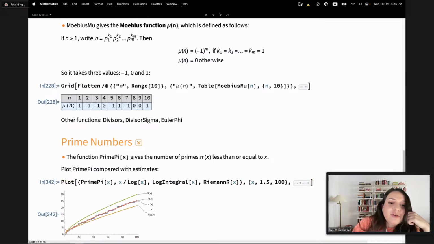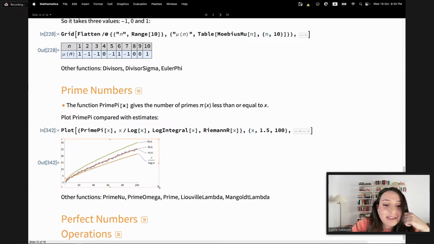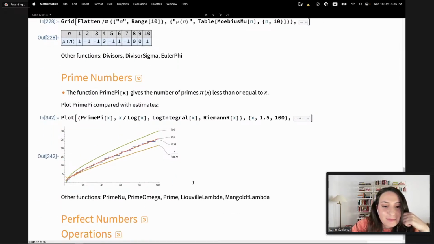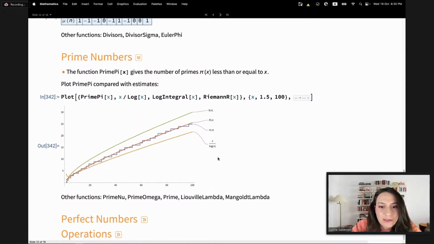Actually, this is how the whole subject of analytic number theory sort of got created, because people wanted to find the estimates of the function prime pi, and here you can see on our screen that yes, the estimates of the prime pi are x over log x and log integral, and the plot really shows that they're estimates. The other functions are prime nu, prime omega, prime Liouville lambda, and Mangoldt's lambda.